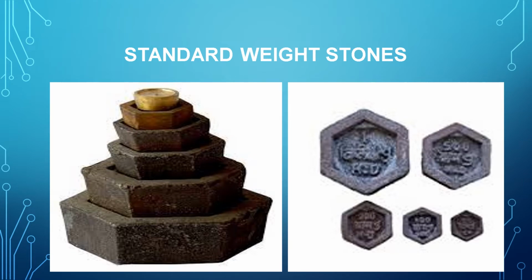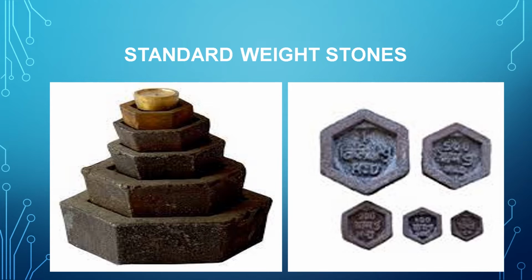Now to measure mass in the beam balance, we use standard stones. These standard weight stones come in different weights like 1 kg, 500 gram, 200 gram, 100 gram, 50 gram, and 2 kg, 5 kg, 10 kg are also available.